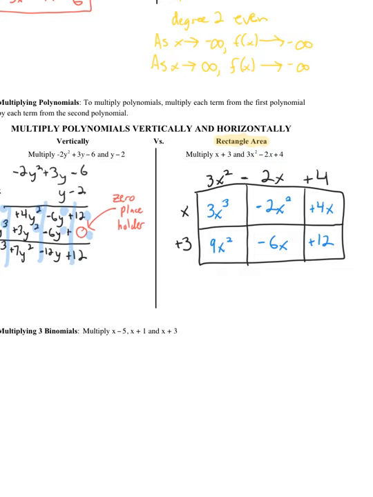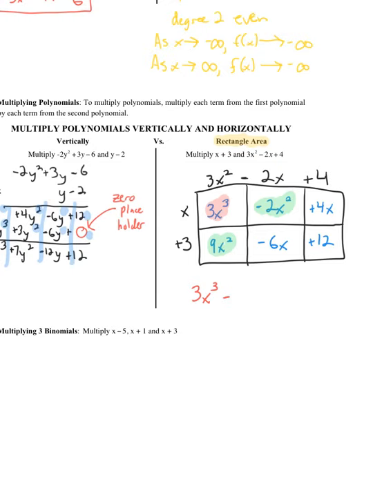So I have to look through it and say, okay, I see a 3x cubed. I don't see any more x cubes, so there's going to be a 3x cubed. And it's either going to be plus or minus on the next line. The next one, squareds, I see a -2x squared and a positive 9x squared.